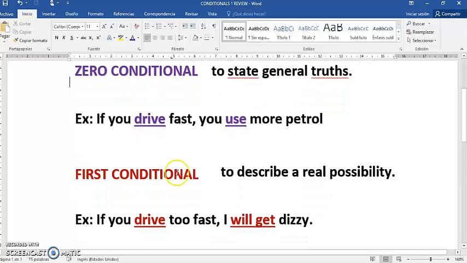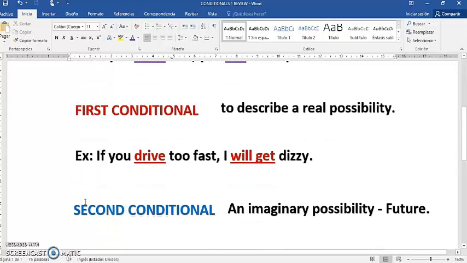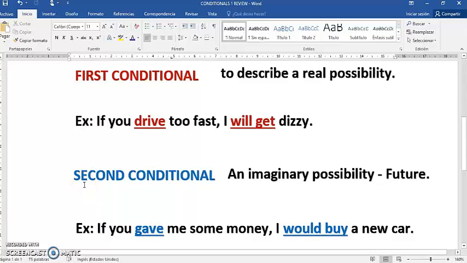Okay, the first conditional is used to describe a real possibility, and this is the example that we have in here. Also, I am going to continue explaining the second conditional, and it is used for an imaginary possibility. Pay attention to this, because this possibility could be also for present and for future.